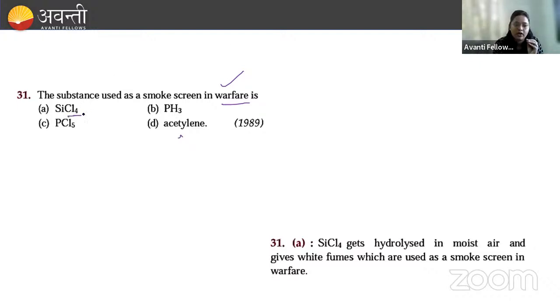Option E. So here SiCl4 is a molecule which undergoes hydrolysis in presence of moist air. So when moist air is present, SiCl4 undergoes hydrolysis, and due to which there is a formation of smoke. Smoke means what?